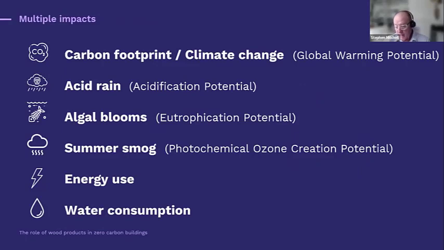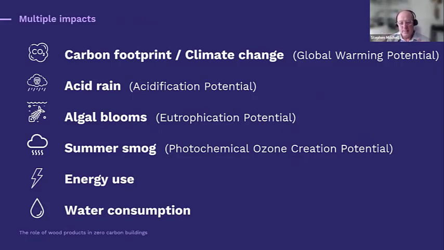So we talk about carbon footprints, but EPDs include a lot more information, not just about the carbon footprint of a product, but they include information about its contribution to water, air, and soil pollution in terms of acid rain, algal bloom, summer smog, energy use, or water consumption during the production stage.